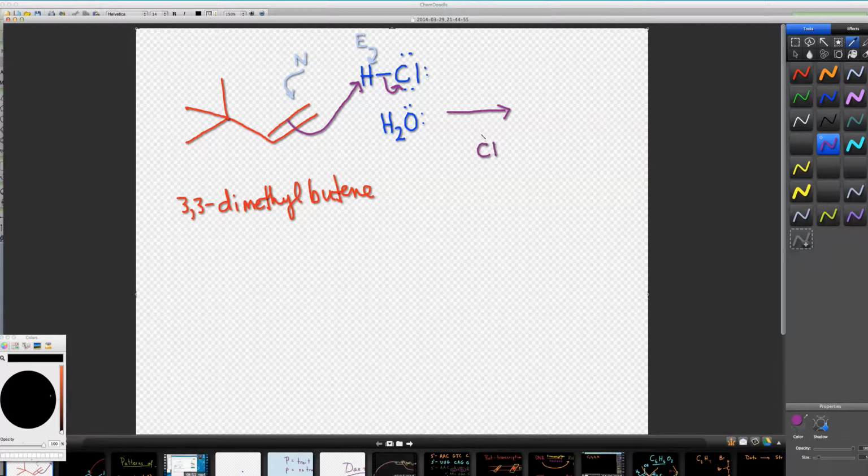Cl- is a product of this reaction, and also we generate a carbocation intermediate. This step is best described as a proton transfer. This is a proton transfer step.